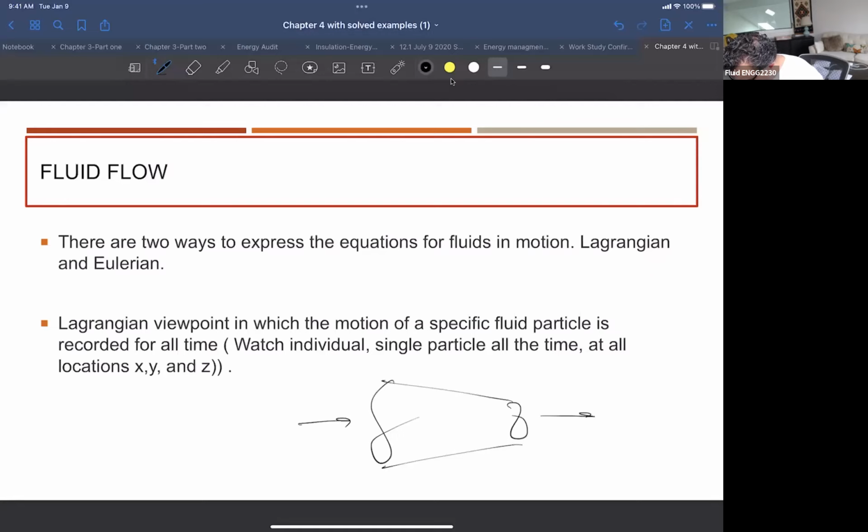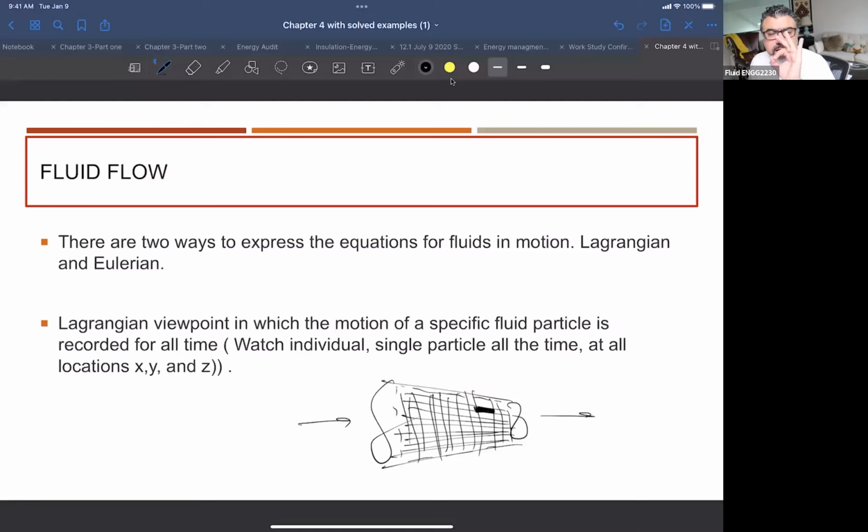Let's say you take this whole control volume and you divide it into grids. And for each one of these volumes, you solve the momentum, mass, and energy equations.